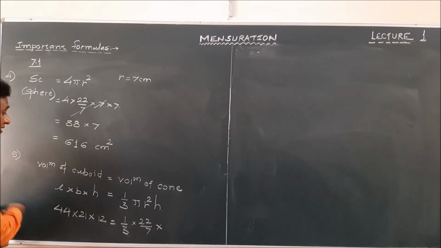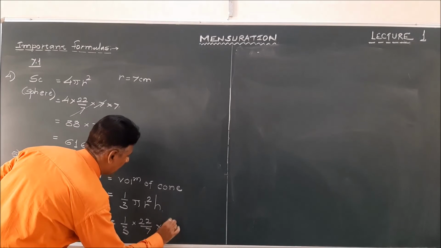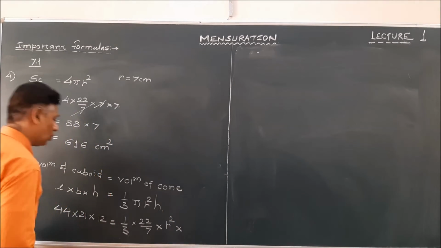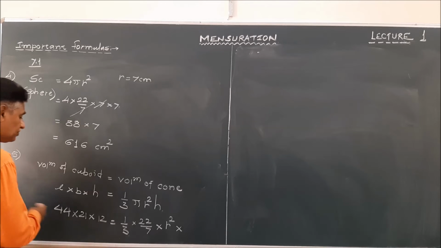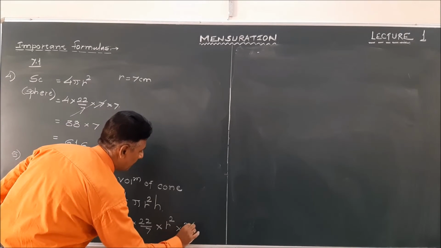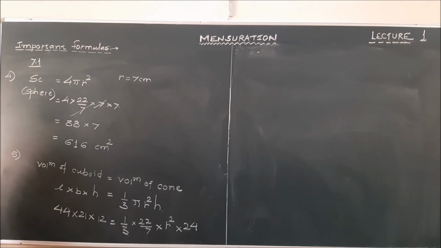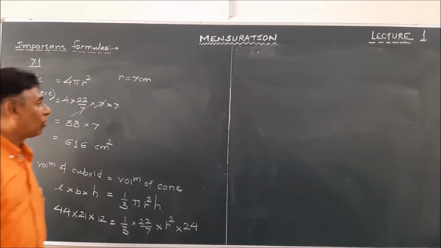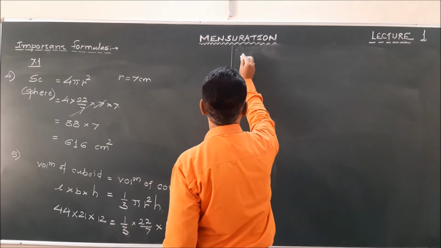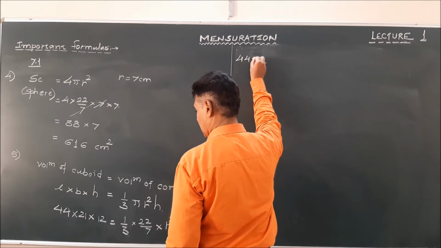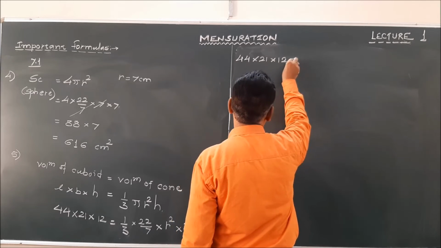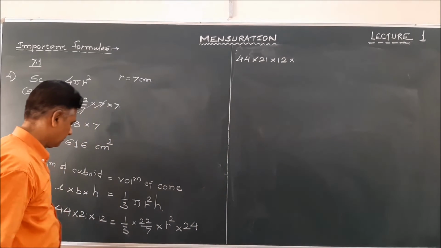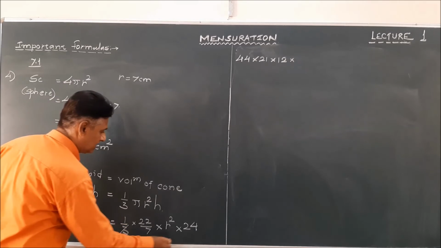This question is to find out the radius, r square into height, and the height of the cone is 24. So 44 into 21 into 12 into, very important, 3 8s are 24.